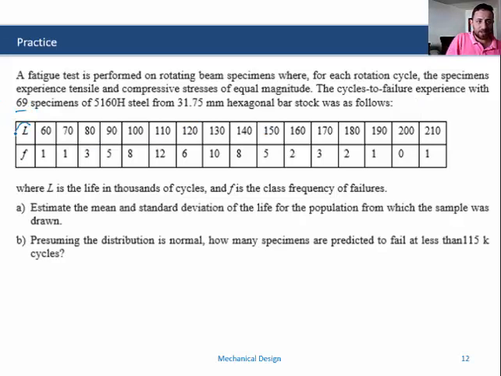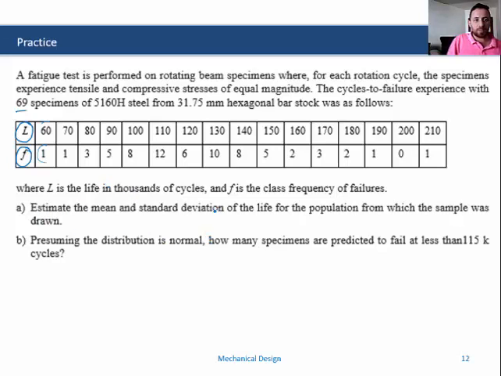L represents the life cycle of the component, and F is the frequency, how many components experience such a life cycle. So you have one component that experiences 60 as a life cycle, one component 70, 3 components 80, 5 specimens 90.